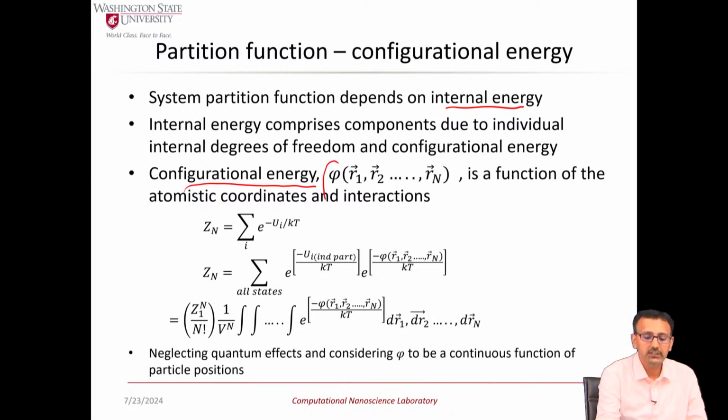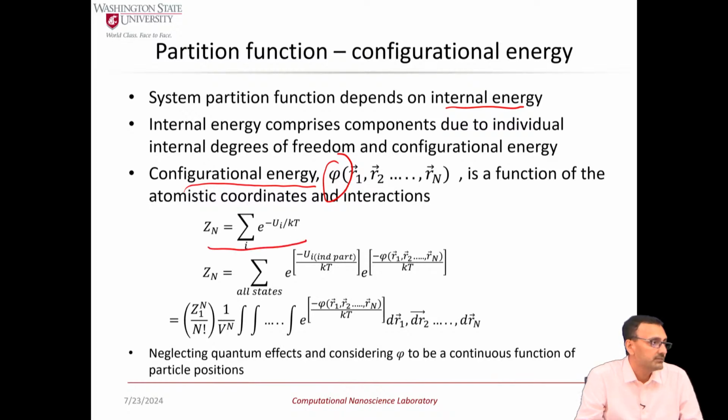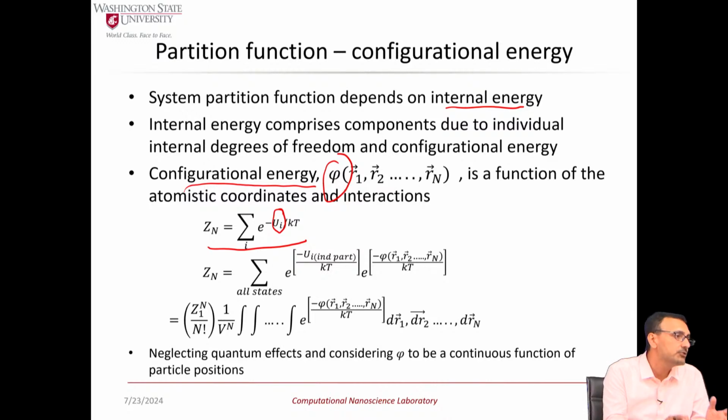So this function is the configurational energy function, which actually depends on the position of all the atoms in the system, or all the particles, let's say, in general, in that box. So if I want to find the partition function using the standard definition, the expression for that collection of n particles, then we can break it down, because this energy ui is the sum of the configurational energy and the energy contributed by individual particle in the system or individual molecule in that system.